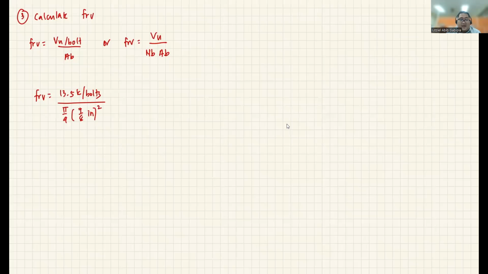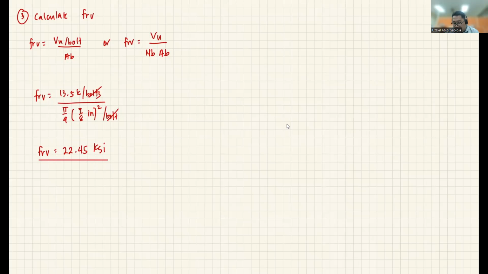Tapos yan ay area per bolt. Kaya dito sa equation, magka-cancel yung per bolt. Ano magiging unit natin for this? Kips per square inch, or KSI, correct. Okay? So ito yung value ng FRB natin. So may FRB na tayo.